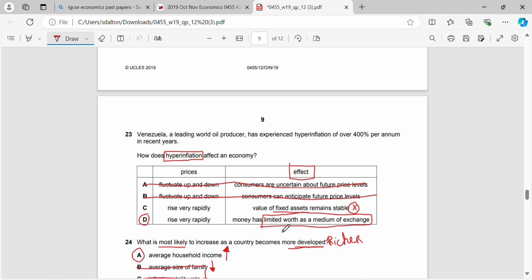Because money is now worth 400% per annum, the money is now worth 400% less this year than it was last year, which means that when we're exchanging it for goods and services, money becomes less valuable due to the fact that it's worth so much less than it was before.